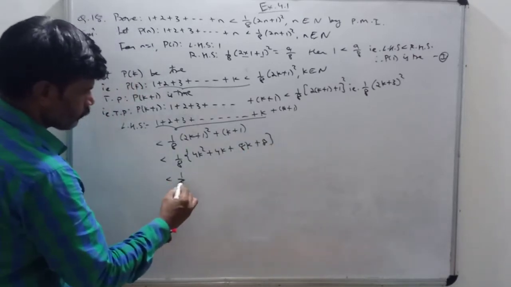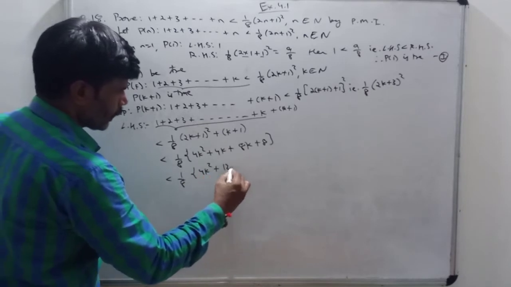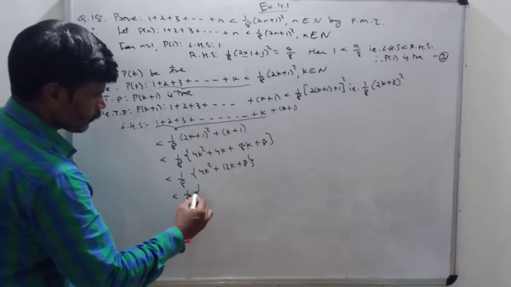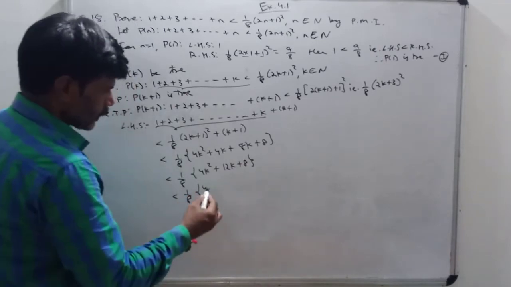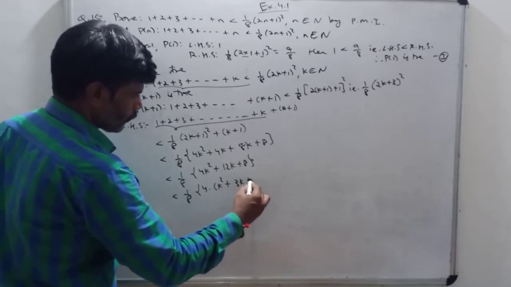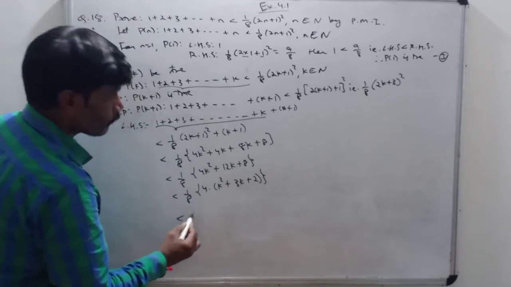So that will be less than 1/8 (4k² + 12k + 8). What is common? 4. Inside the bracket, k² + 3k + 2. That is less than 4/8.